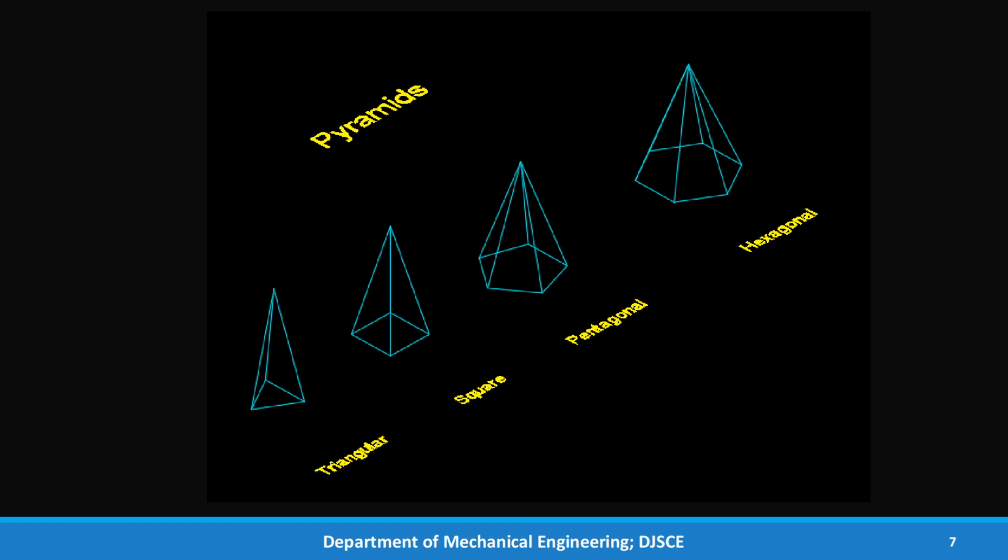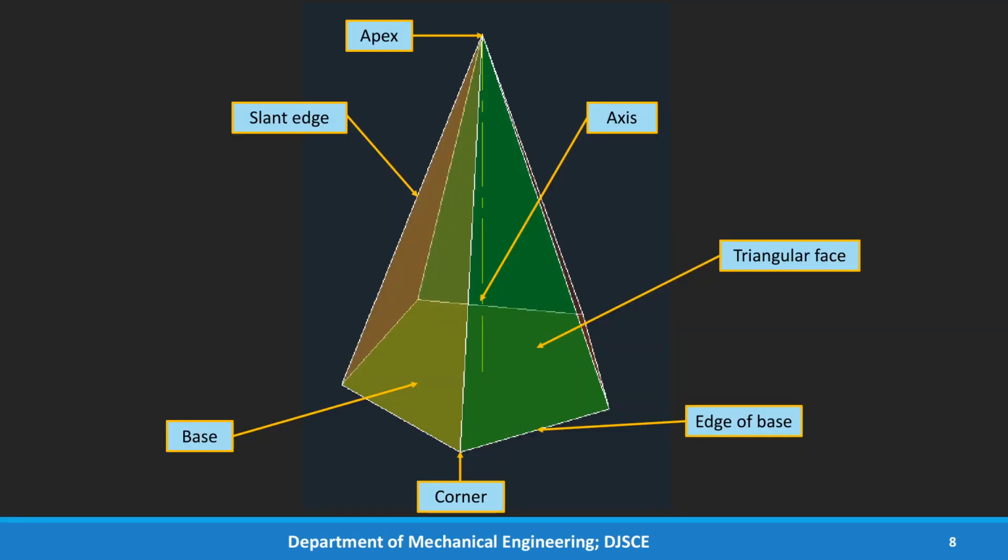Similarly, pyramids, different types: triangular, square, pentagonal, hexagonal, and so on. The elements of a pyramid: base, which is a regular polygon, this is a pentagonal pyramid, base. Then edge of the base, the corner here, 3 edges intersecting at a point, that is the corner or vertex.